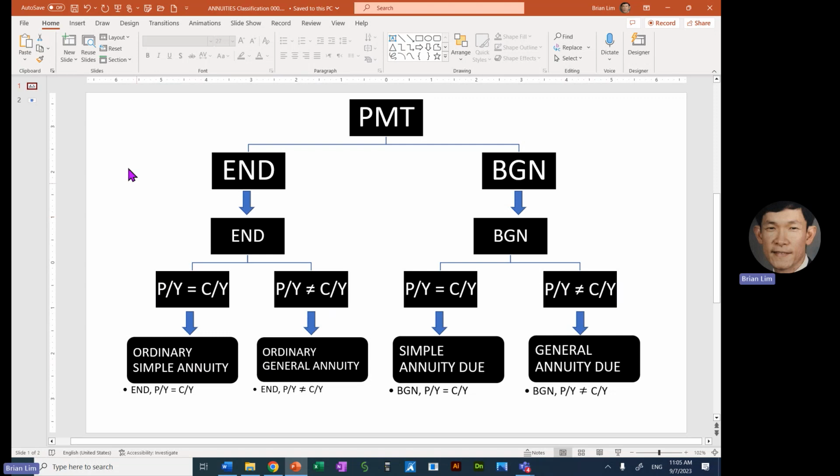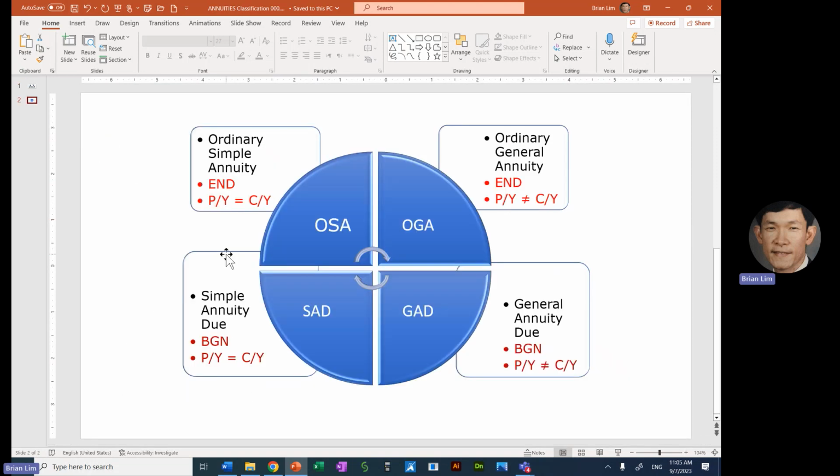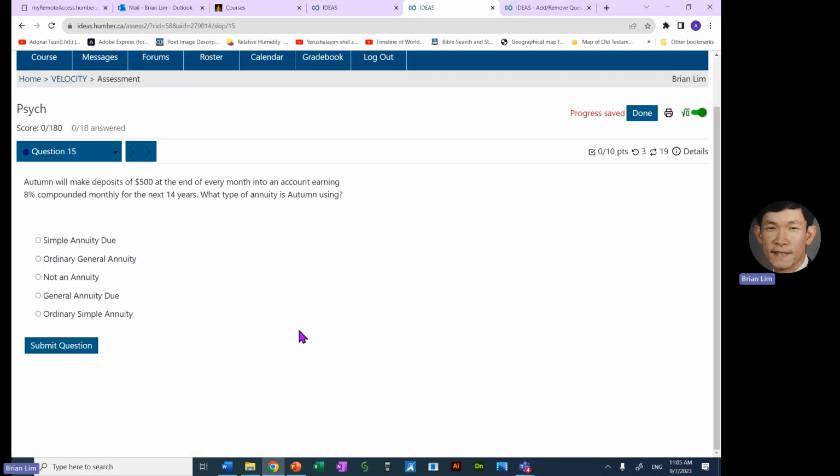Now, it can be represented in a circle like this. As you can see, you have ordinary simple annuity, ordinary general annuity, simple annuity due, and general annuity due. Now, the best way to understand, of course, is, as always, to look at examples.